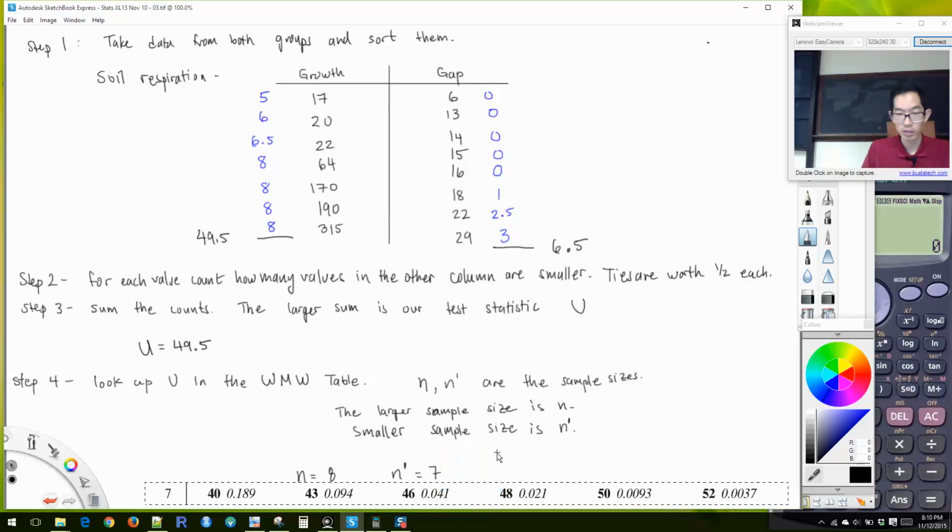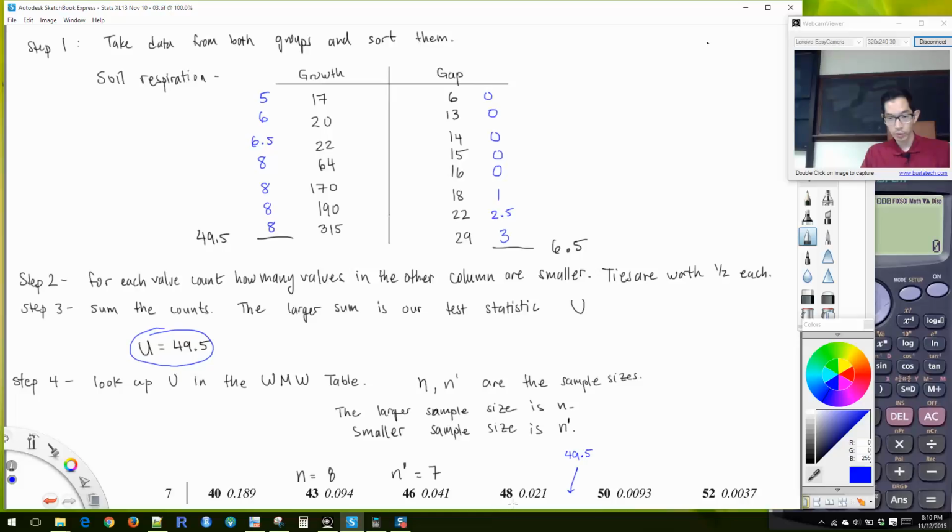Okay. All right, and so just like the T table, we say, okay, U is 49.5, so 49.5 fits in between 48 and 50. And so what we have here then is our corresponding p-values are written in italics.